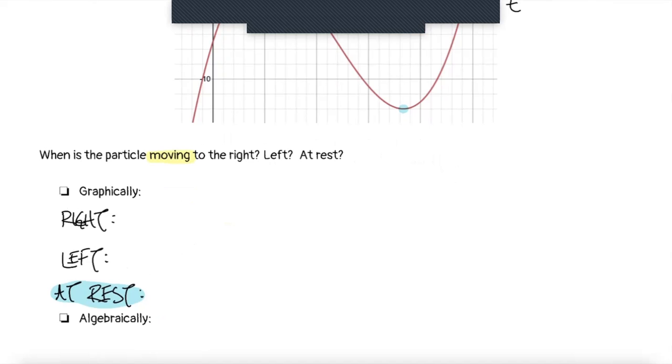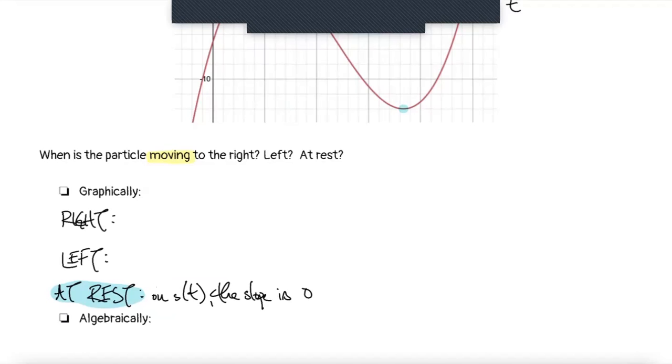And so if I write down what I mean, I'm looking for on s of t, the slope is 0. So on the position graph, we're looking for a slope of 0. That tells us when the particle is at rest.